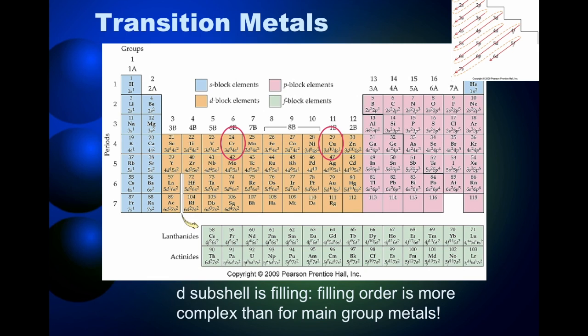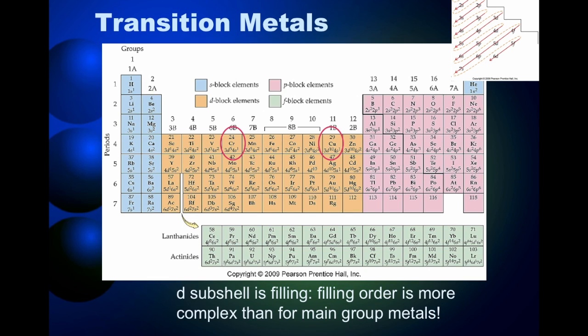So you don't need to know these rules, but just know that it's a little bit more complicated for the transition metals, and this is why: a d orbital that's half full is more stable than one that's got 4 or 6 electrons. So for this reason, transition metals are hard to predict their filling order.